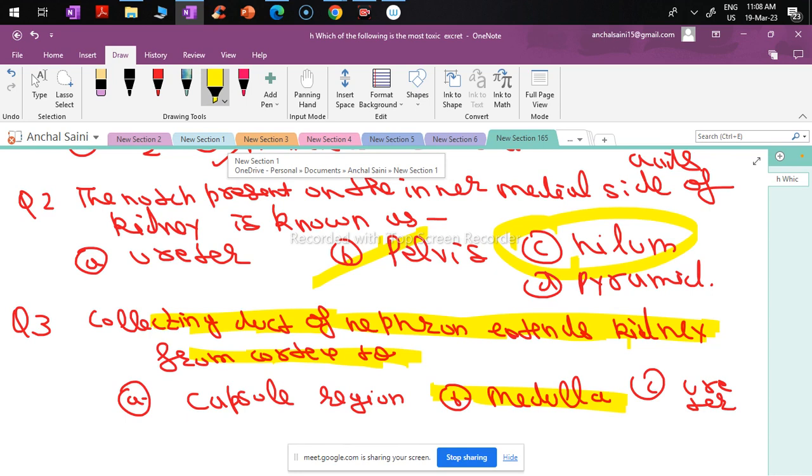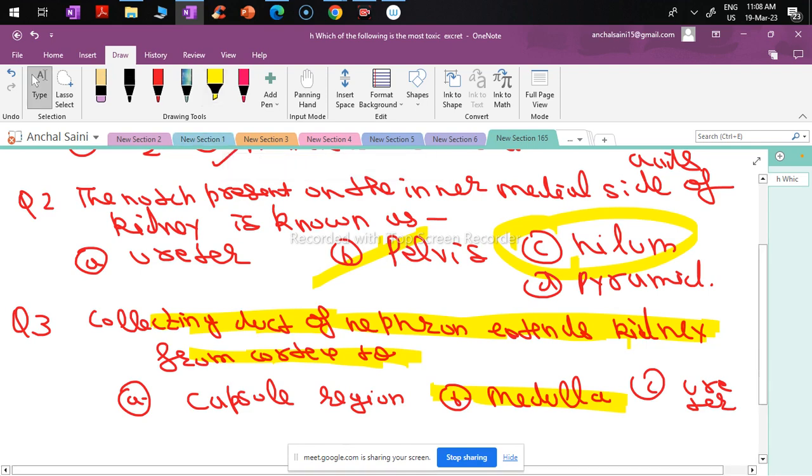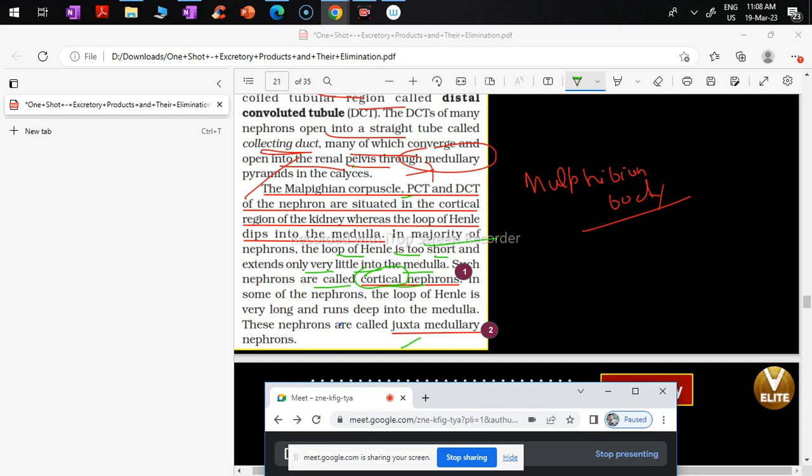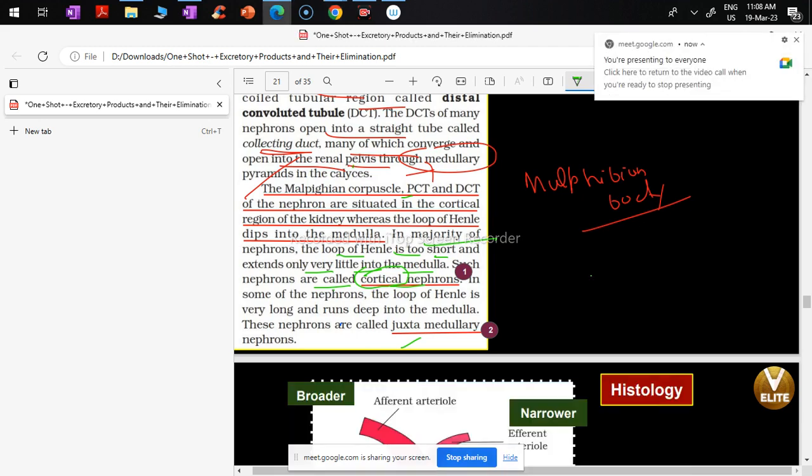And collecting ducts are the last part of the nephrons, and they extend from the cortex to the medulla in the kidneys. Is this clear? Okay. So cortical and juxtamedullary nephrons and the capsule, this is also clear to you.